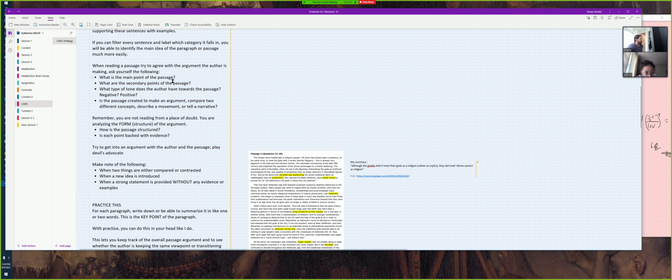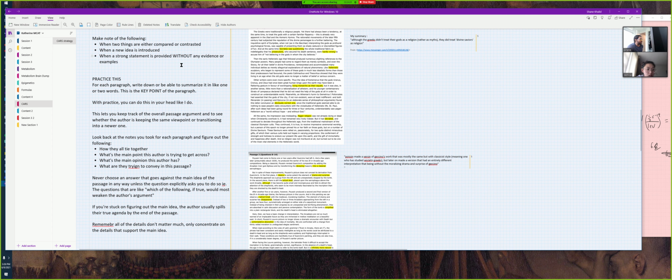This is basically main idea, secondary points, tone, and the things that are backed by evidence. So make note of when two things are compared or contrasted, when a new idea is introduced, and when a strong statement is provided without any evidence.